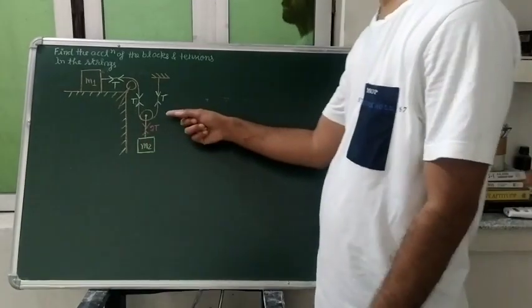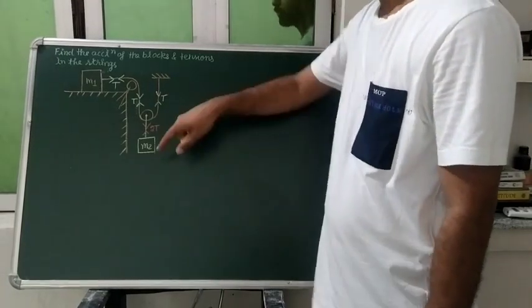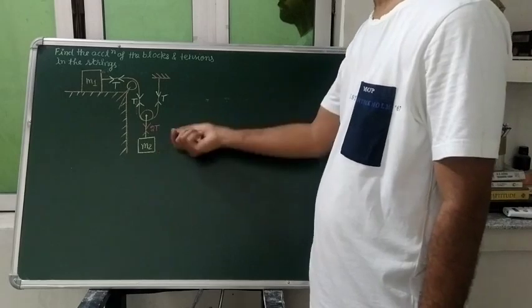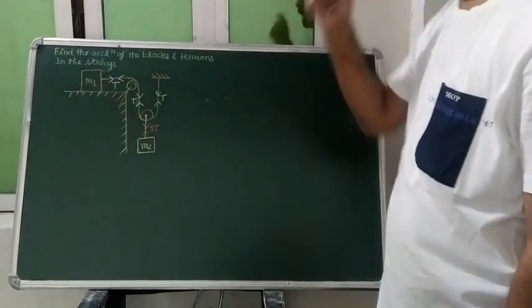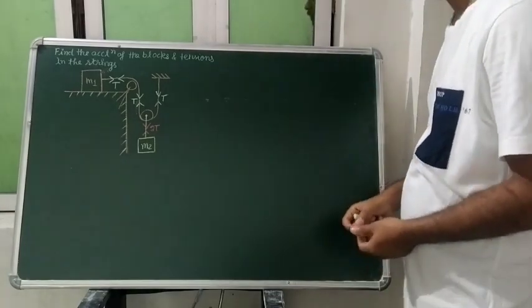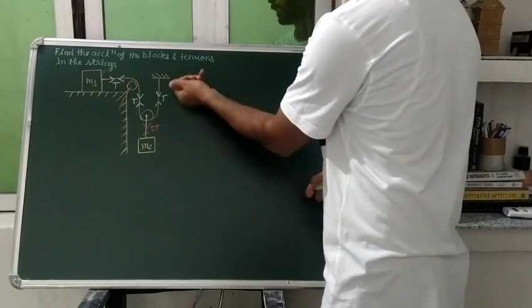For the object of interest, this pulley, the pulling effect will be in this direction, along this string only. And for the object of interest, this mass m2, it will have the pulling effect in this direction, and it will be along this string only. Okay? You can start from here as well. You can say here the tension T is acting.